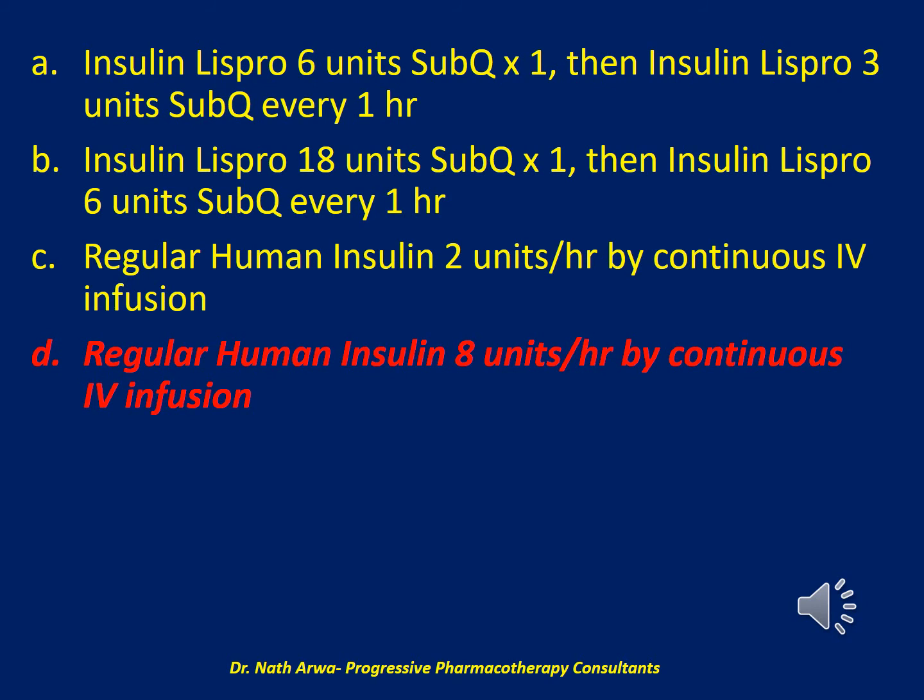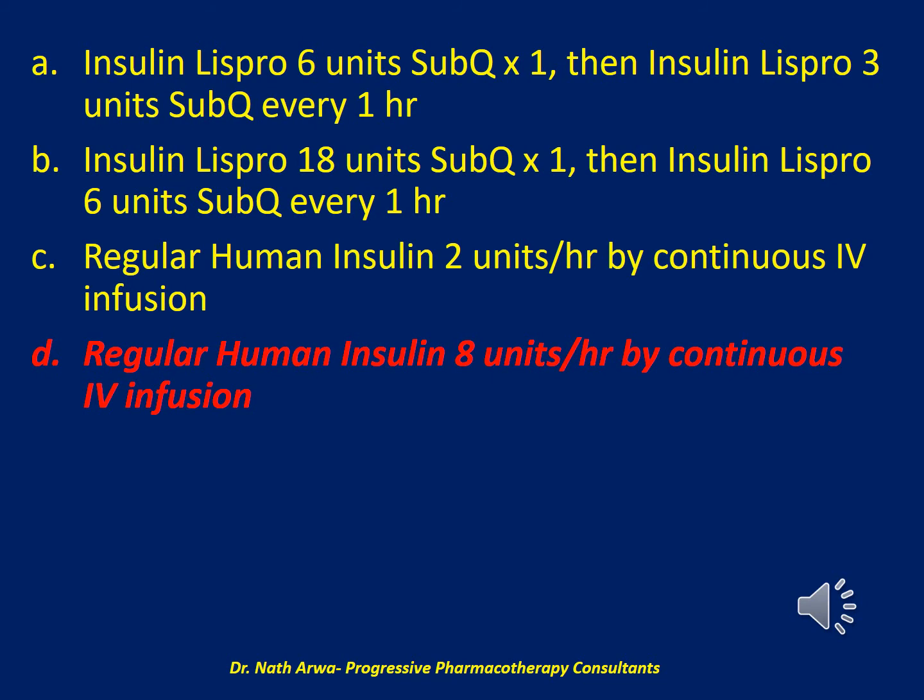Regular human insulin 2 units per hour by continuous IV infusion would be inadequate initial therapy for this patient who weighs 60 kilograms and requires 0.14 units per kilogram per hour, which amounts to 8 units per hour. Her blood glucose is 616 mg per deciliter.